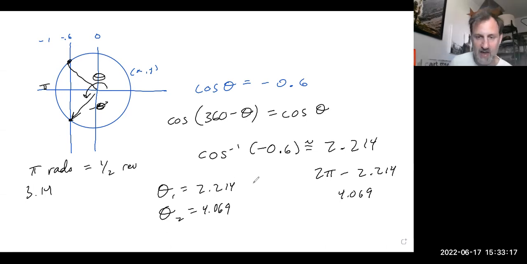All I have to do is keep adding 2 pi's. Now, when we get to solving trig equations, we'll add 2 pi n as a way of generally solving the equation. But just for right now, I just want to hit the fact that we got multiple solutions and how do we find the second, third, fourth solution, however many we're asked to find. All right, onwards and upwards.